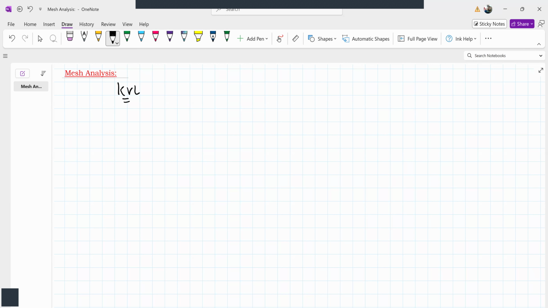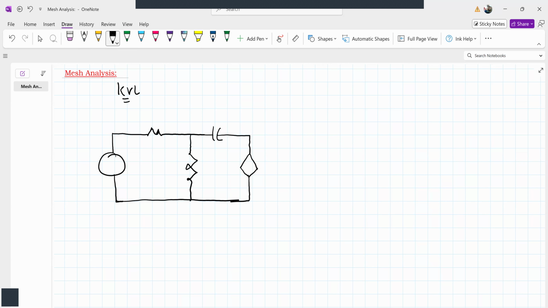Suppose we have a circuit: a resistor connected to an inductor like this. Similarly, a capacitor and a dependent voltage source, and an independent voltage source.